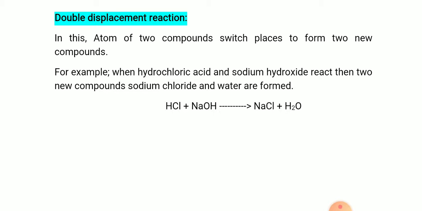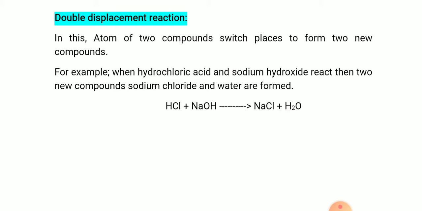Just see the reaction between hydrochloric acid and sodium hydroxide. That is, hydrochloric acid, HCl, and sodium hydroxide, NaOH, form NaCl plus water. First see the reactants and then see the products. You will understand that Na+ exchanges its position with H+, and H+ exchanges its position with Na+, a mutual exchange of ions.